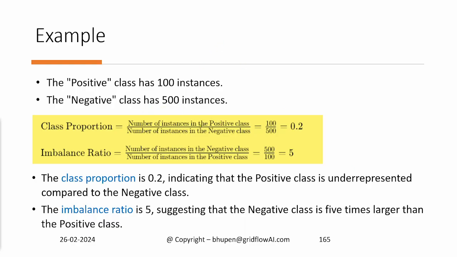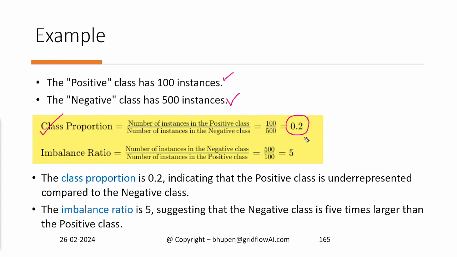Or in other words, instead of just looking at the number, we can compute a few ratios. One of them is the class proportion ratio, where the number of instances in the positive class is, let's say, 100, and the number of instances in the negative class is 500, and that gives you a ratio of 0.2.